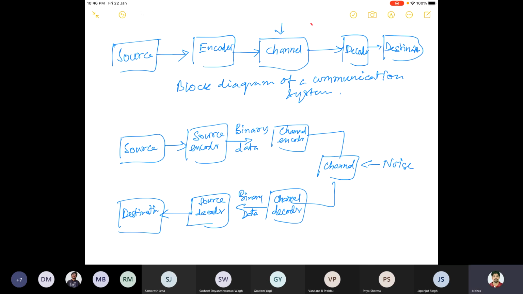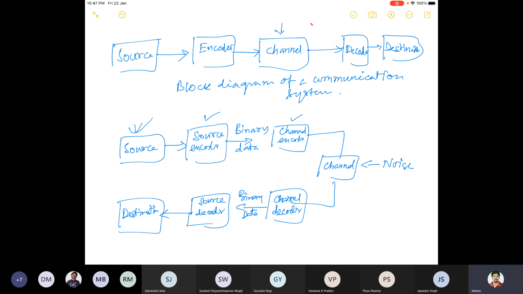So here we have included one more block. We said it is a channel encoder and a source encoder, instead of just saying it is an encoder. The purpose of the source encoder is to represent the source output, whatever the source is, maybe some letters or alphabets.